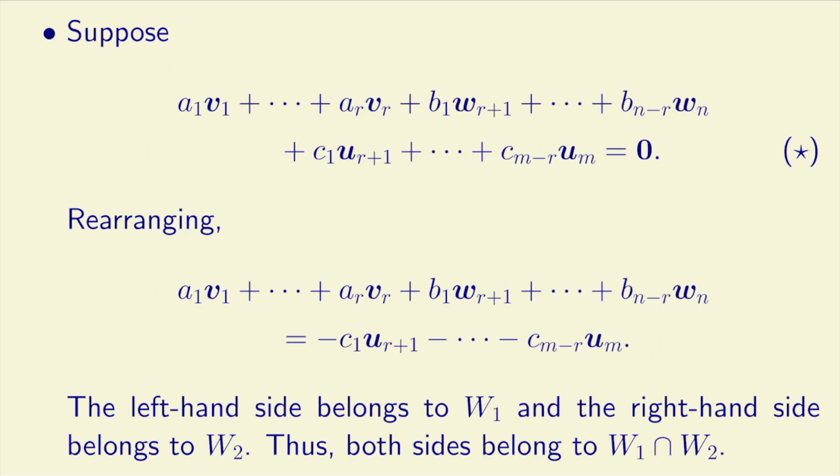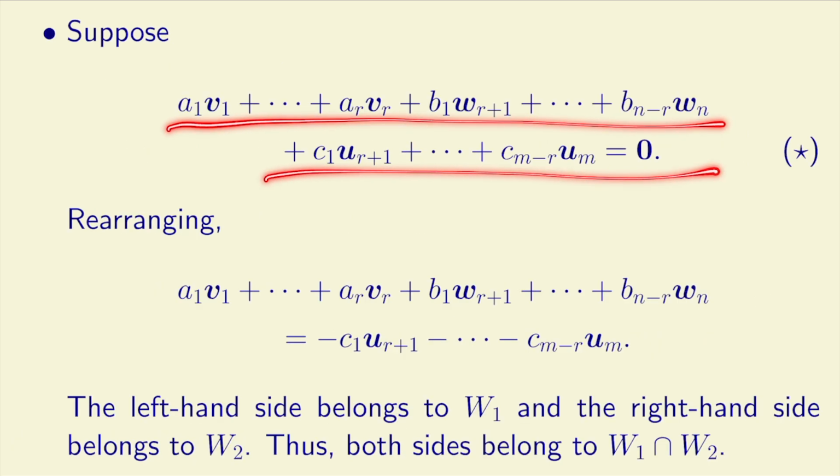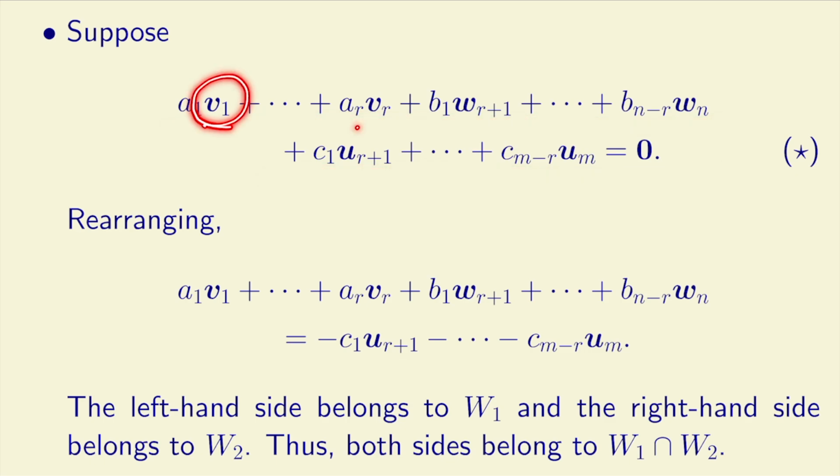To prove linear independence, we first assume this equality. This is a linear combination of all these vectors with some coefficients from the field F: A1 to Ar, B1 to Bn minus r, and C1 to Cm minus r. And eventually we want to prove that all these coefficients are zeros.